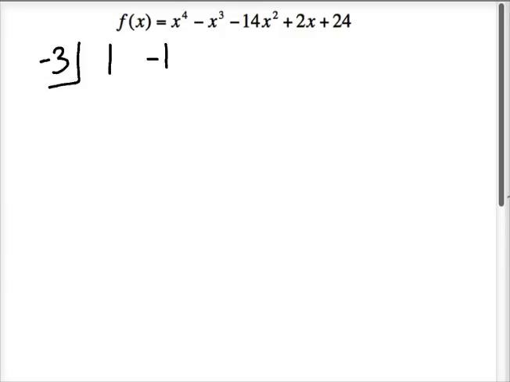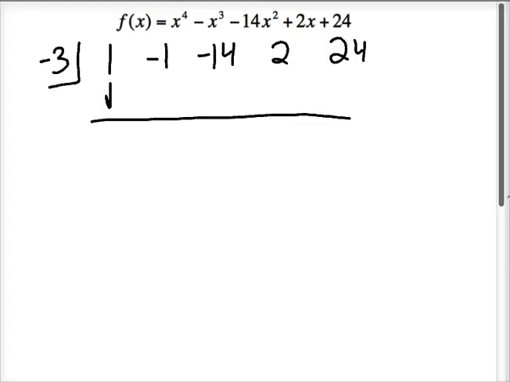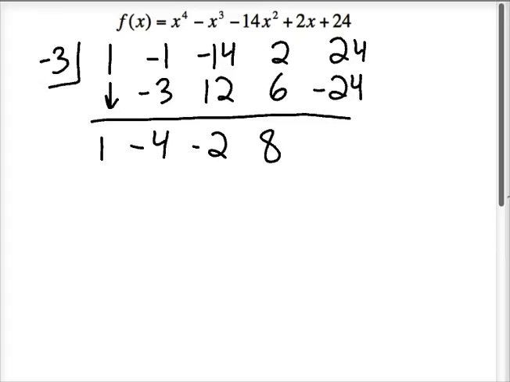1x to the 4 minus 1x cubed minus 14x squared plus 2x plus 24. Pull down the 1, multiply by negative 3. Add, multiply by negative 3. Add, multiply by negative 3. Add, multiply by negative 3, and add.